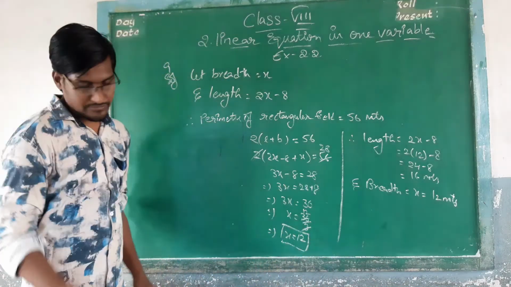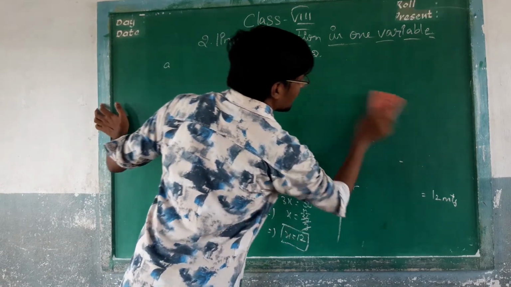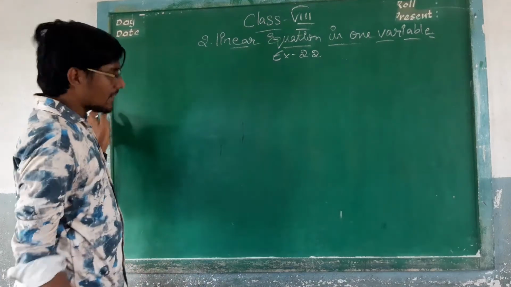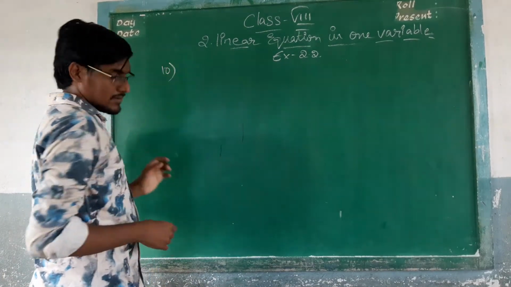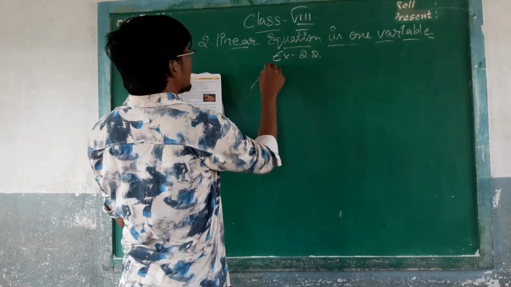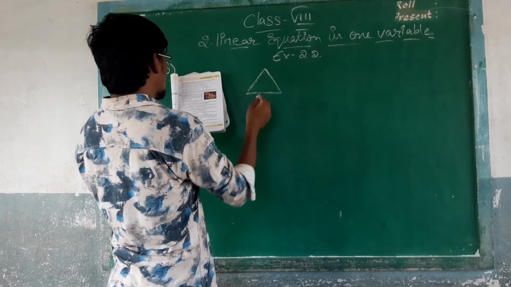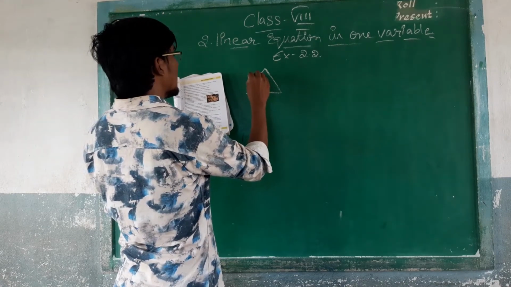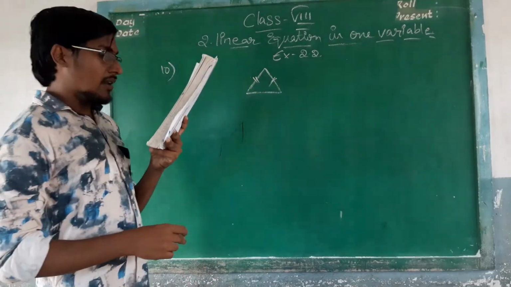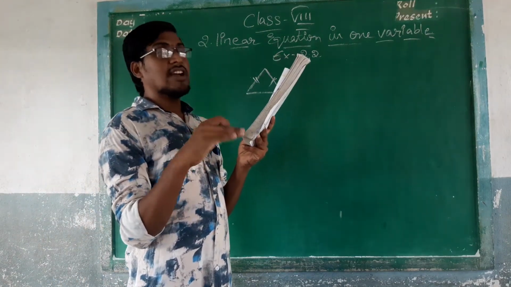What is given here? Two equal sides of a triangle. We have to draw first of all one triangle and two sides. This side and this side are equal, two equal sides. Each is 5 meters less than twice the third side.